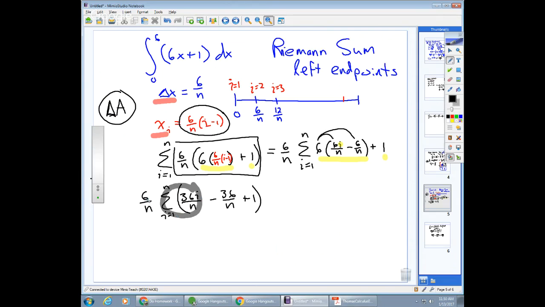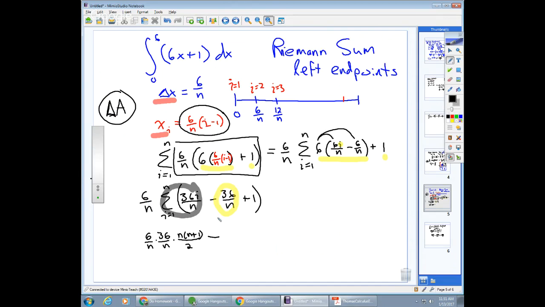So for just this part, I have the 6 over n out front times 36 over n, and then the sum of the i's is n times n plus 1 over 2, minus. So now we have to sum up these guys here.